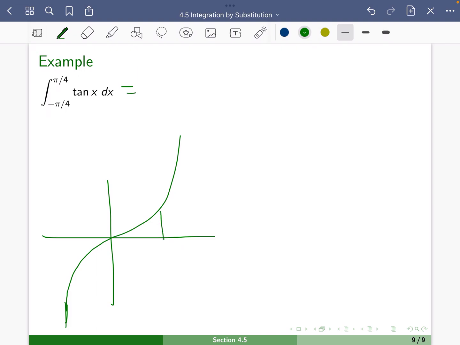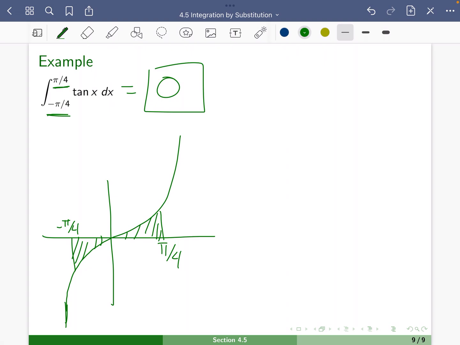And so when I go from negative pi over 4 to positive pi over 4, the area below the axis and the area above the axis are going to be exactly the same. And so this integral is 0. So I can make the observation about the oddness of tangent, and because these limits are negatives of each other, I know that the areas are just going to cancel out.